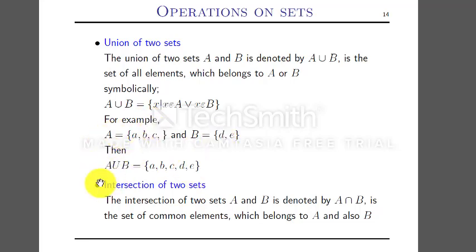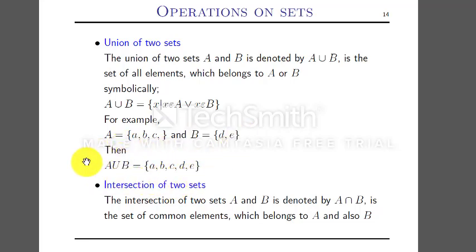This is A union B. Every element a, b, c belongs to the first set, d and e belong to the second set, and all five elements belong either to the set A or to the set B.